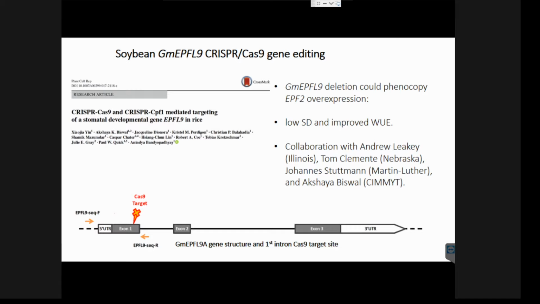Now, what we're trying to do also is look at that in soybean, and this will be a collaboration with Andrew Leakey in Illinois, Tom Clementi in Nebraska, and Johannes Stuttmann in Germany. But these transformation processes take a very long time, just as they do in wheat and in maize. This is years' worth of work to try and see what we can come up with.